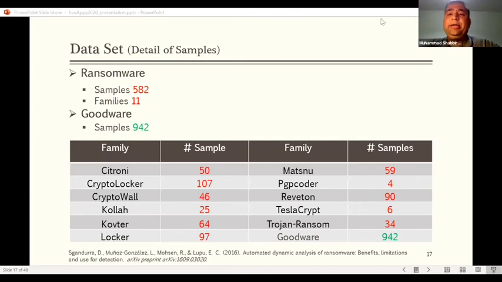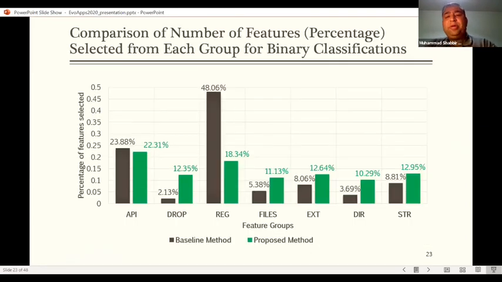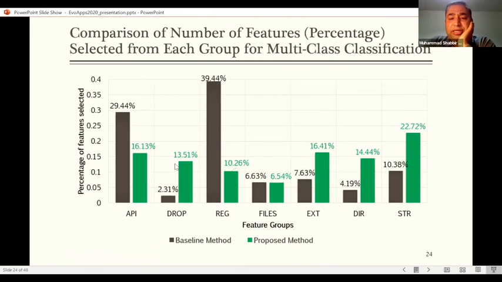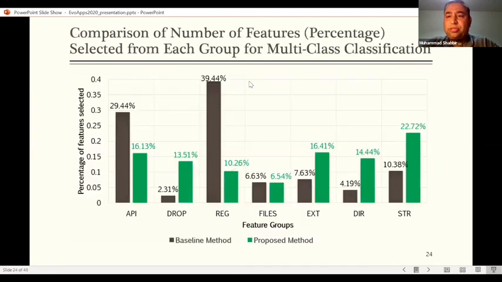Well, it depends. From here, we can see that our method was selecting the maximum number of features from the API calls group. And in the case of multi-class classification, we can see that our method was fetching most features from the str group. So what was in the str group?